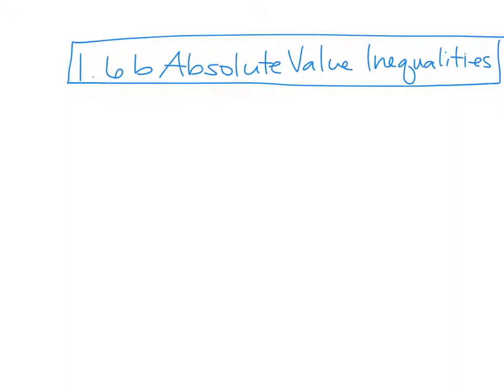Okay, so absolute value inequalities. We're going to start with this. The absolute value of x is less than 5. And I kind of have two phrases to help you remember which is which, because there's less than and there's greater than. So the way that I always tell people to think of this is a less than problem and a greater than problem.